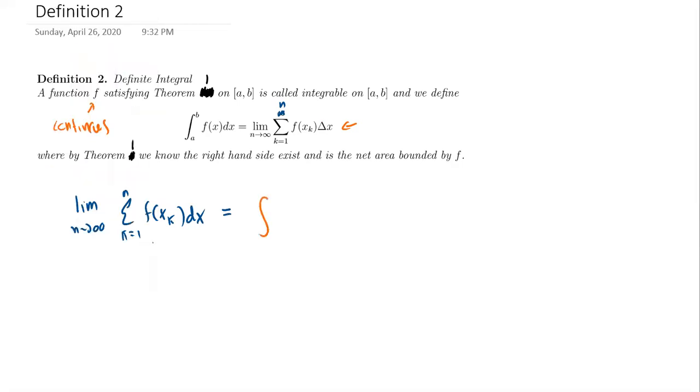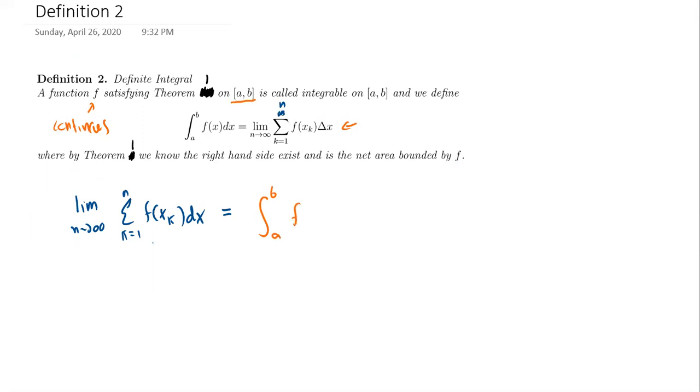The integral sign, as we saw before, looks like an elongated S. Now we want to have all the information here. We're trying to get the net area of the region bounded by the function on the interval a to b, so we put that information here, just for us to remember that the interval goes from a to b.